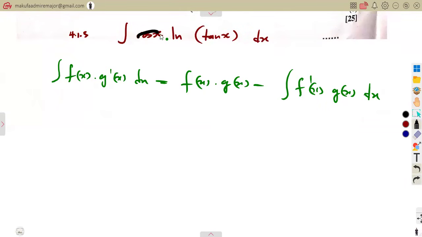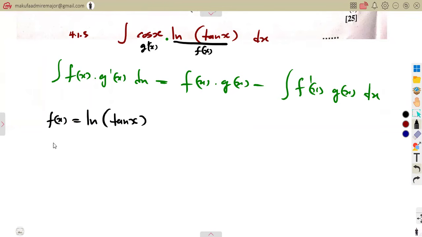But we saw that cos is comfortable with anything, it can be integrated and differentiated. So this is going to be our g prime because we can integrate this. But since it's difficult for us to integrate ln tan, we are going to choose it to be our f of x. So if our f of x is to be the ln tan of x, therefore, what is the derivative?